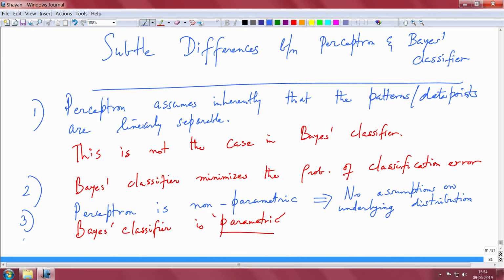And last, perceptron update and convergence is simple and adaptive.